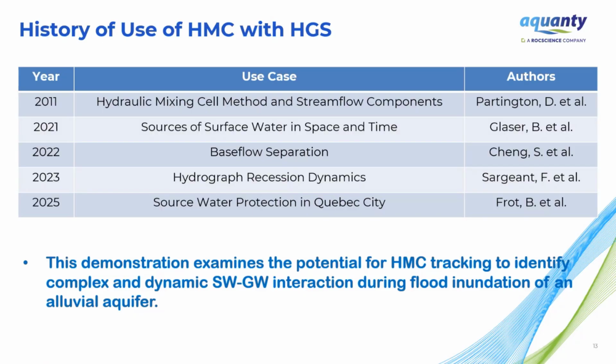In more recent times, it's had a lot of applications in surface water. So looking at different sources of surface water in space and time, doing base flow separation for hydrographs, looking at hydrograph recession, and a more groundwater focused application was looking at source water protection in Quebec City.